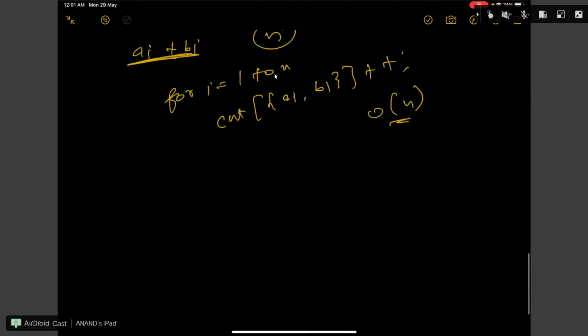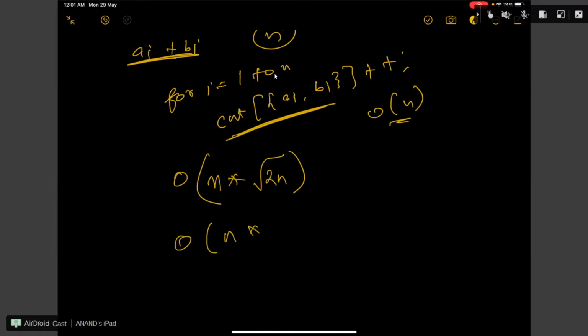The time complexity of this will be, there will be n indices for I, and for each of them you will fix the value of AJ, so there will be square root of 2n values. So it should ideally be this, but since you are using a mapping, it will be n into square root of 2n and then again a log factor of n.